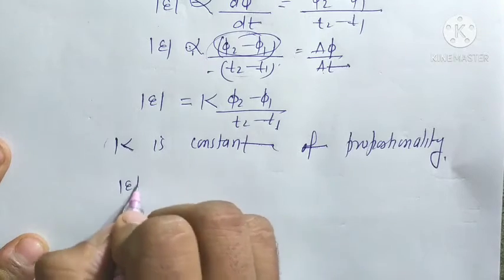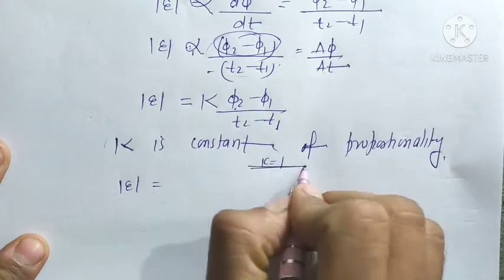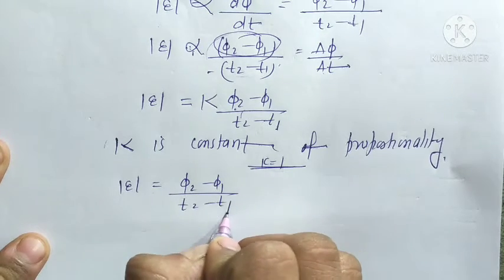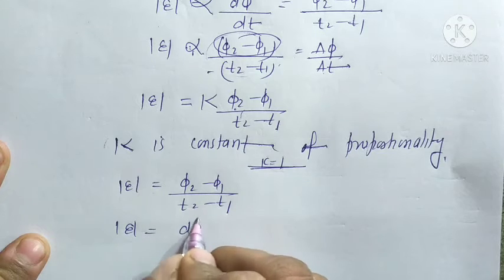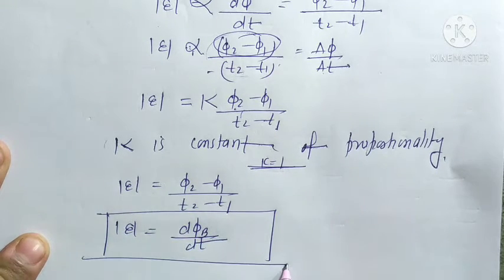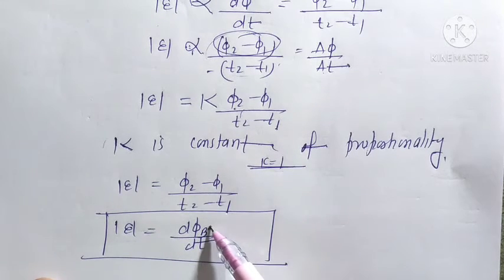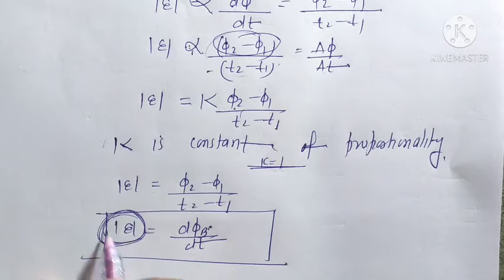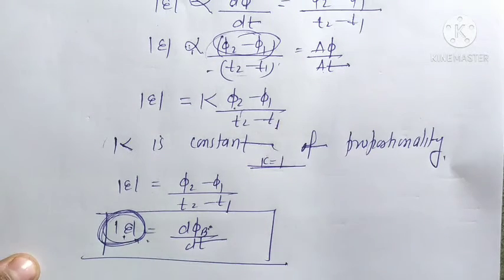When we take k equal to 1, we get phi 2 minus phi 1 upon t2 minus t1, which we directly write as d phi upon dt, the rate of change of magnetic flux with respect to time. It produces induced EMF in the coil.